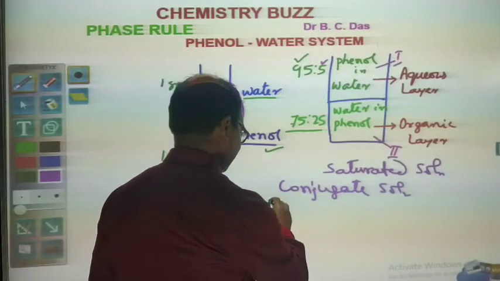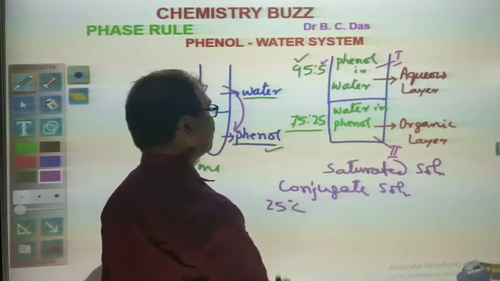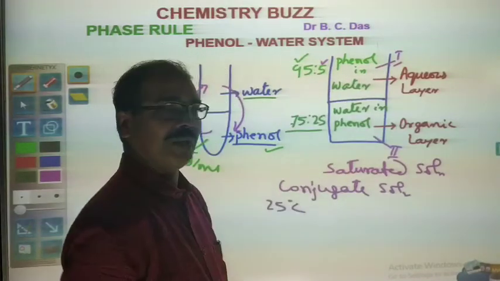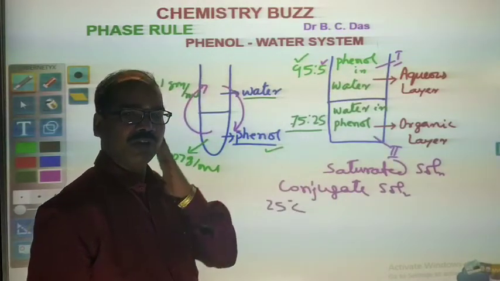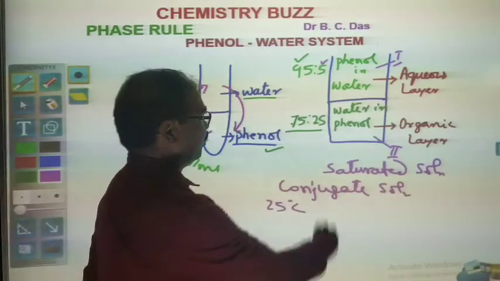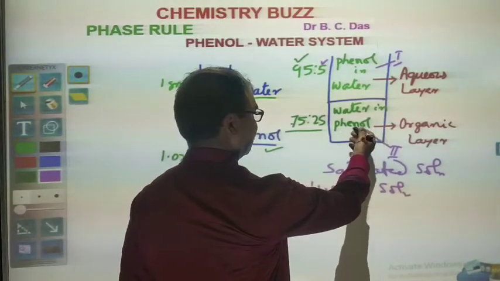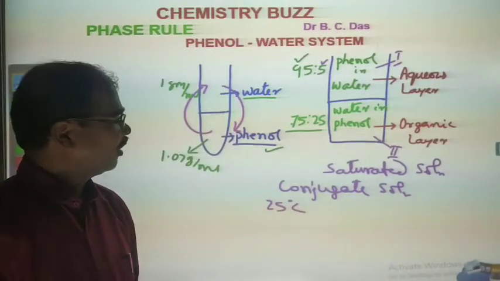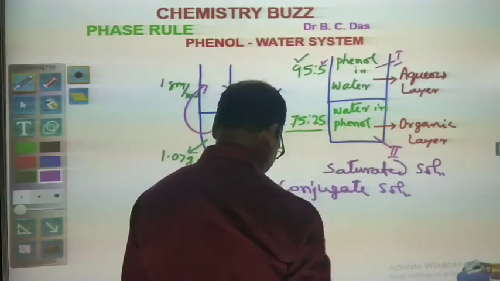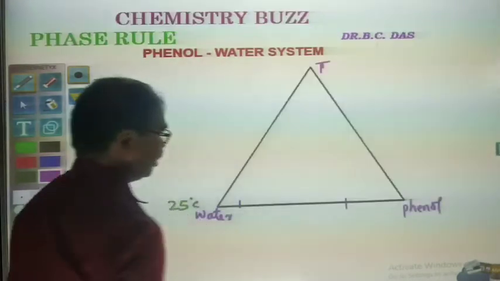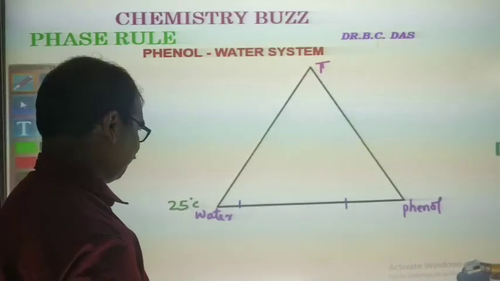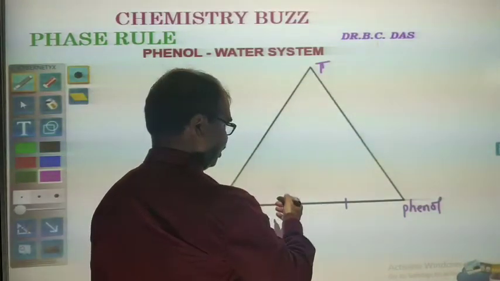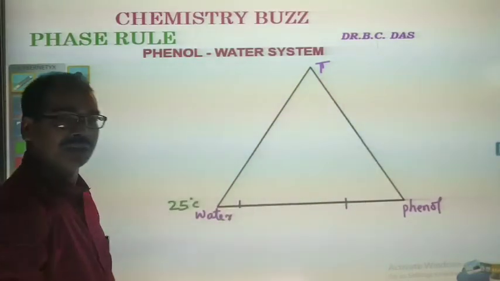So we are considering 25 degrees centigrade. At 25 degrees centigrade, if you consider the aqueous layer, there will be 5% of phenol and 95% of water. And if you consider the organic layer, it will be 75% phenol and 25% water.